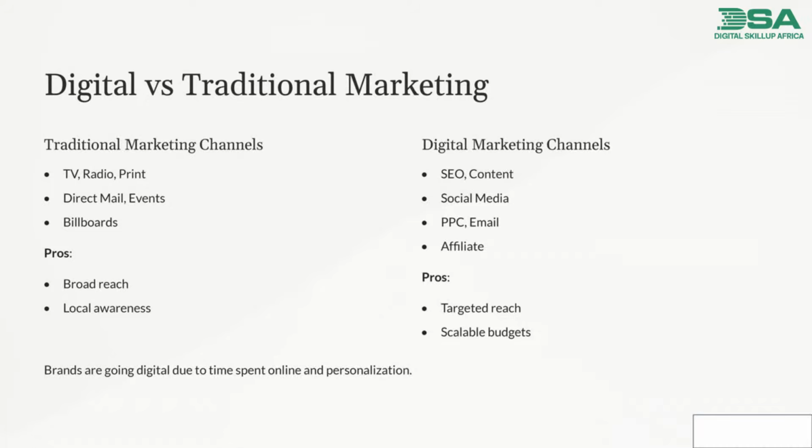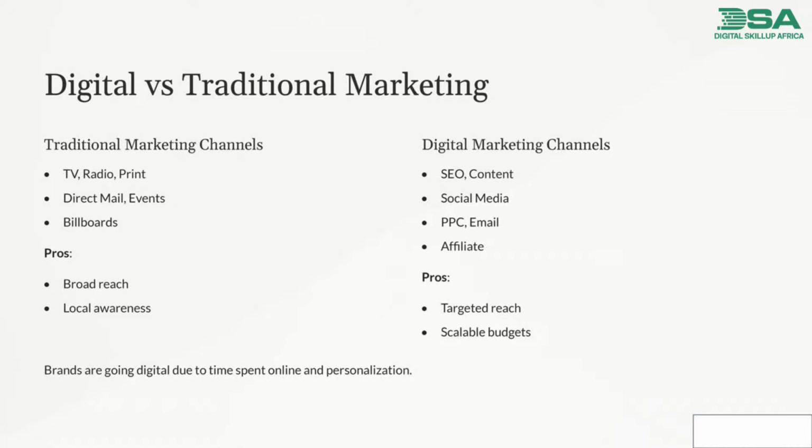Then for digital marketing channels, we've spoken about what the channels are. Some of the pros include targeted reach. We spoke about how the traditional side helps in broad reach, but that can be too expensive because you're not trying to market to everybody. You're only trying to market to selected people. When you want to target them, that is where digital marketing channels come in.